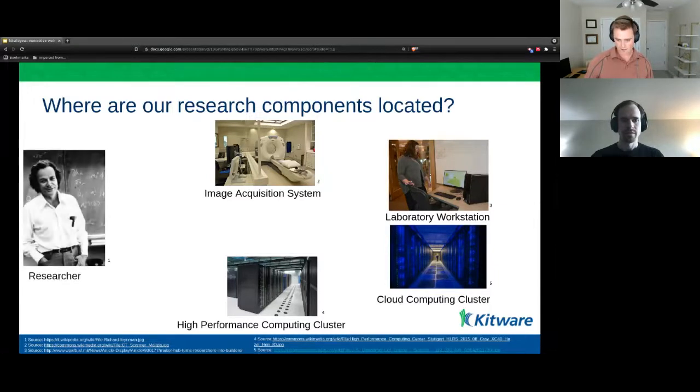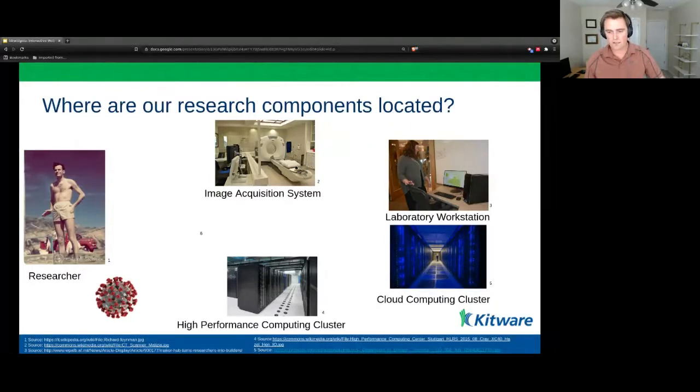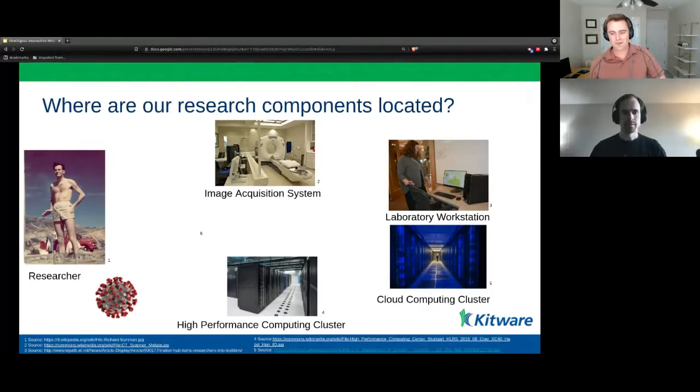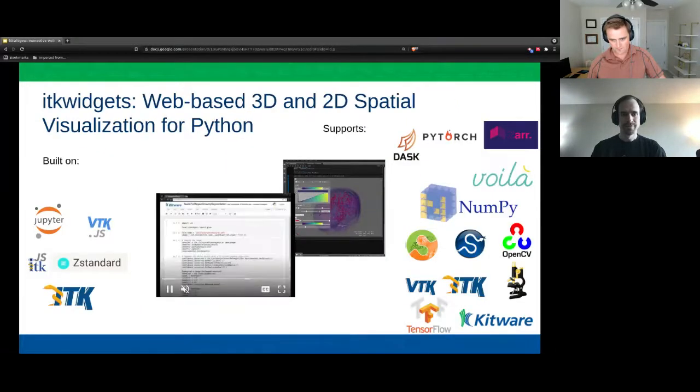The most important research component, the researcher, is not necessarily near these data or compute resources. In fact, they may not have direct physical access to these resources. Pandemics happen, as we know, or they may just prefer to code at the beach. And web browsers provide a bridge that connect these computing research components.